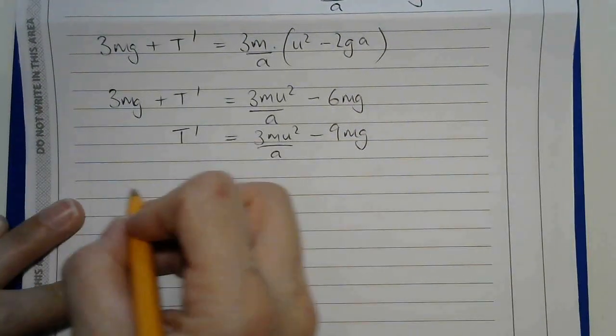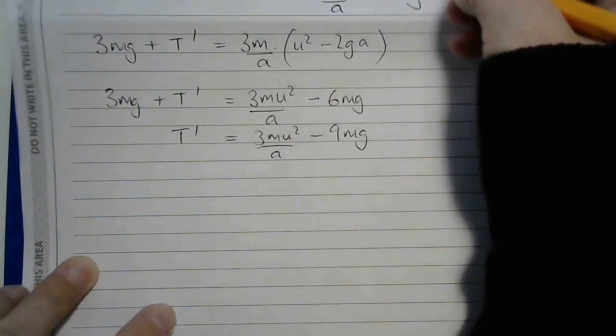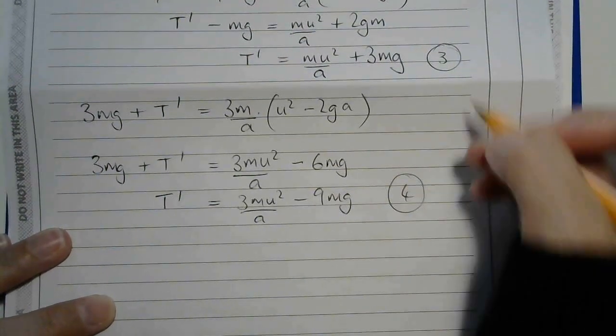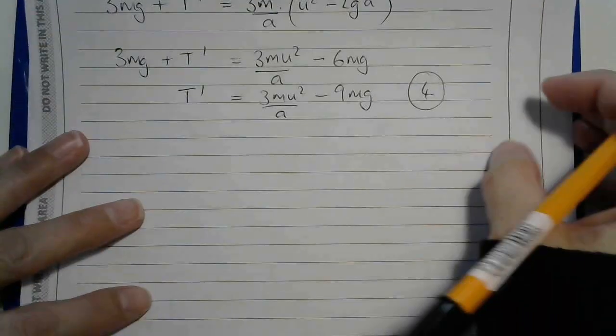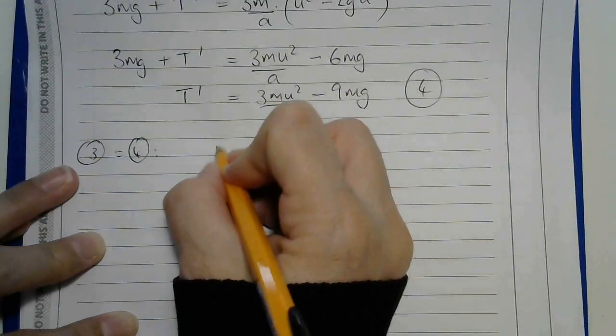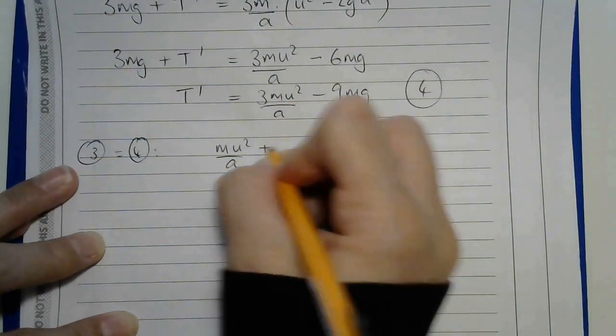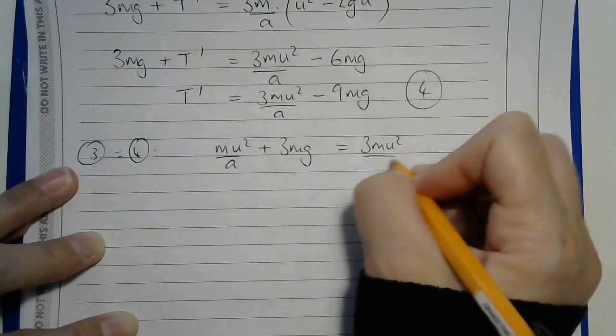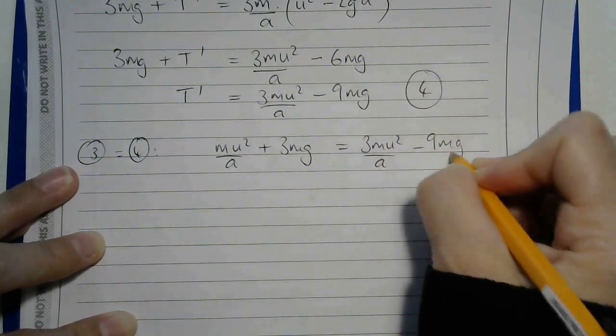So now I've got T dash here, so I can put these two things equal to each other. Let's call this one 3, let's call this one 4. So basically what I'm saying is 3 is equal to 4. So that gives me mu squared over a plus 3mg equals 3mu squared over a minus 9mg.